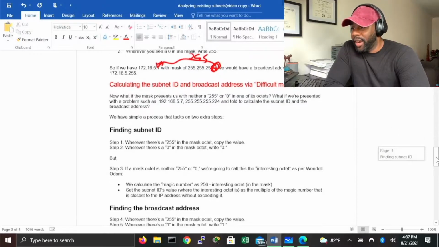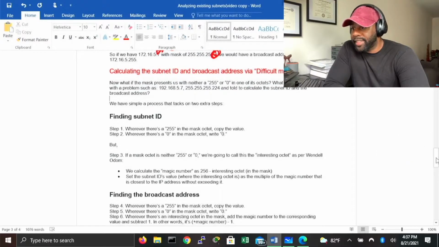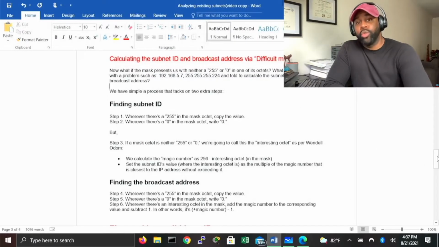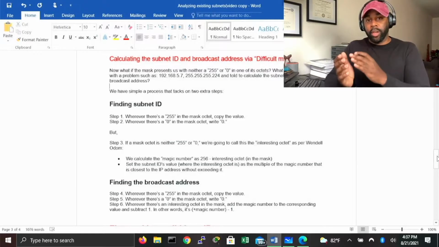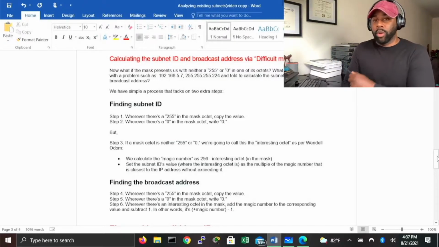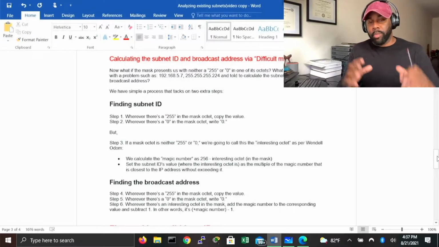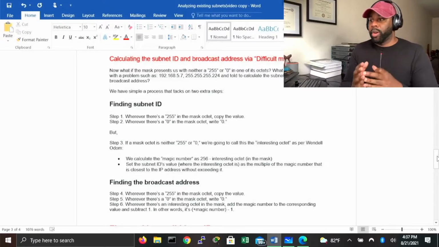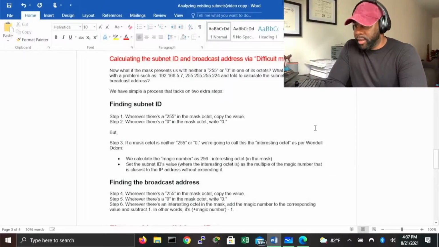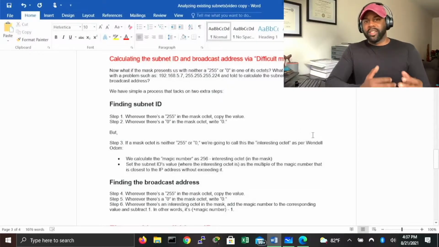So here we have a simple process that tacks on 2 extra steps to the other steps that we took earlier. If you're following along with the book, I compressed the steps together. In the book, you find the subnet ID, and then he goes into a little bit of explanation.